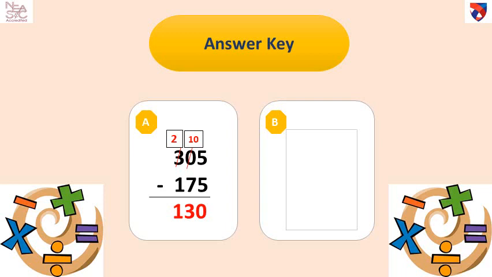Hundreds will help me. 100 is 10 tens. So I take 100 and I will take it to the tens place value. I already had 0, so now it will be only 10 tens. 10 minus 7, 3, and 3 in hundreds place value changes to become 2. So it's 2 minus 1, 1.